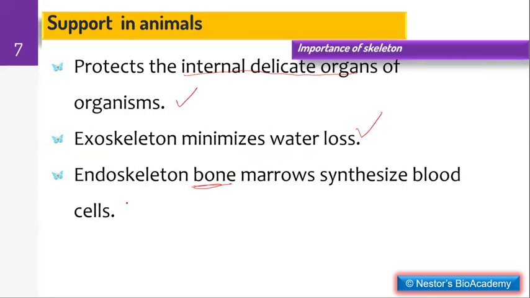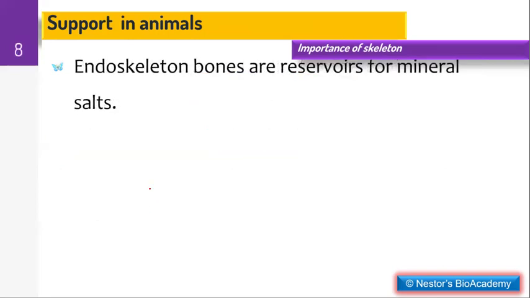Talk about the red blood cells and the white blood cells that are always synthesized here, making the skeleton quite important. And the bones forming up the endoskeleton are important because they form good reservoirs for mineral salts. So this makes the skeleton have quite important roles in animals.